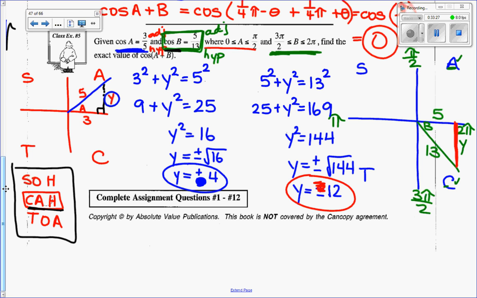Okay, now we have figured out what our x, our y, and our r, our hypotenuse, are. Now it says find the exact value of cos(A plus B). So down at the bottom of our page, we're going to do cos(A plus B).